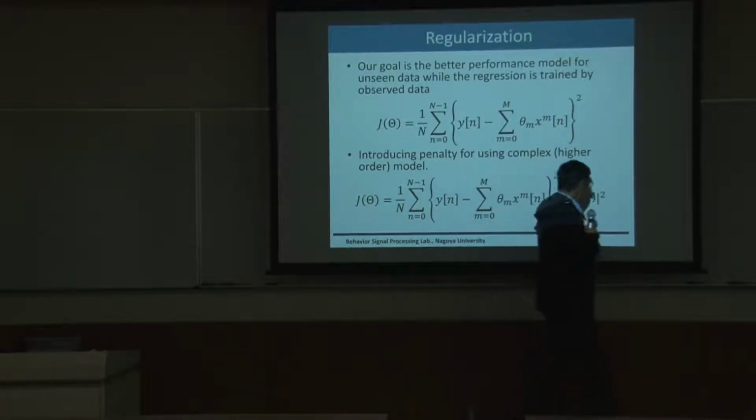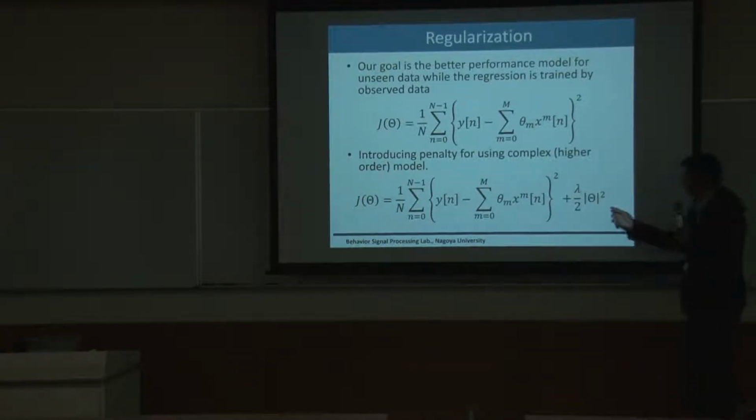So naturally, if you have more 0 or very small numbers for the theta values, then this term becomes less. Do you agree?